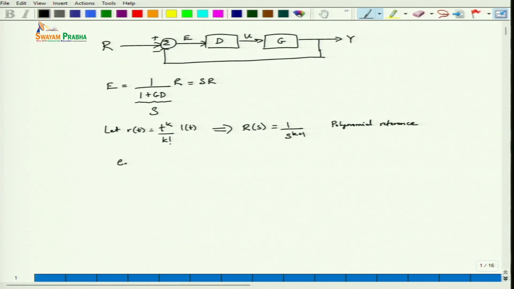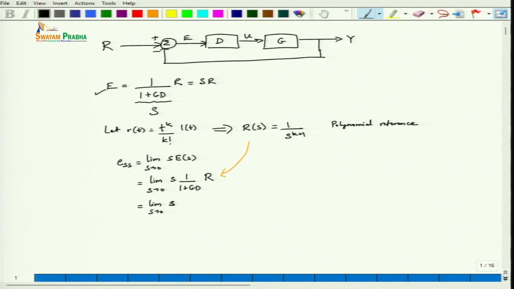So the steady state error, can be given by the final value theorem, is limit s tends to 0 of s E of s, which is basically limit s tends to 0 of s times, and we are going to insert this equation here, 1 over 1 plus GD, into R. Now we are then going to insert this particular value of R here.